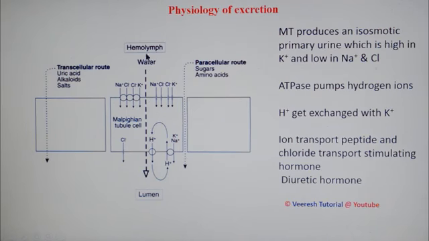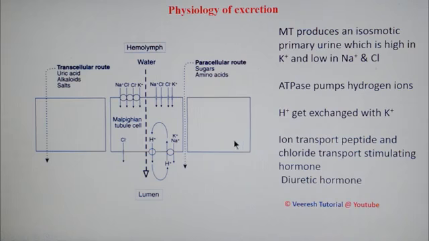As a result, water moves through the cell and many solids which are soluble in water also move into the Malpighian tubules, where reabsorption of some of the substances takes place, and in the rectum also some selective reabsorption of the substances takes place. So finally nitrogenous waste material is excreted.